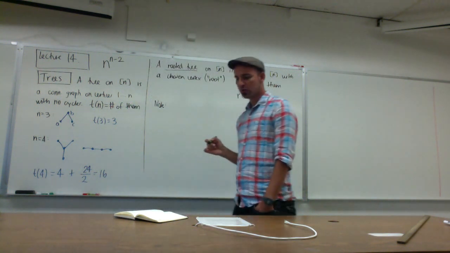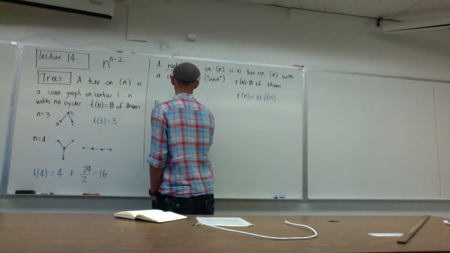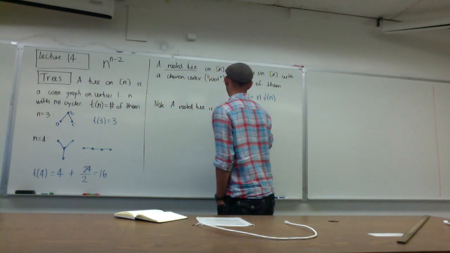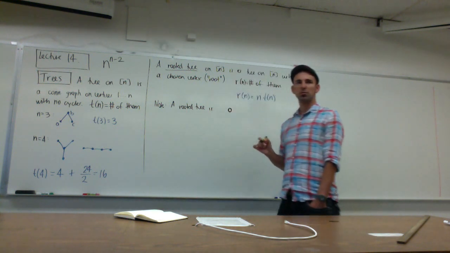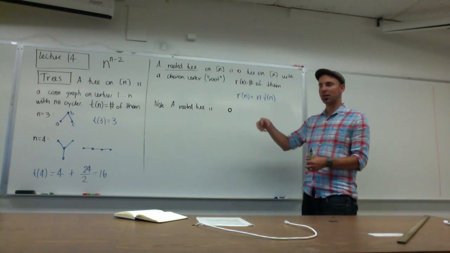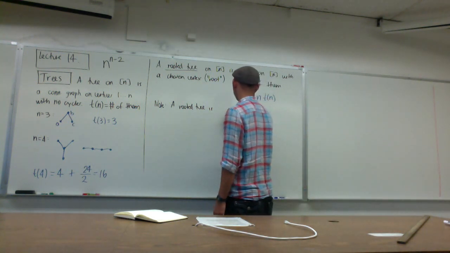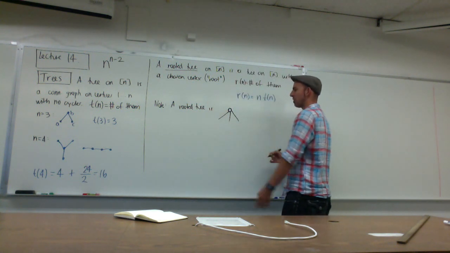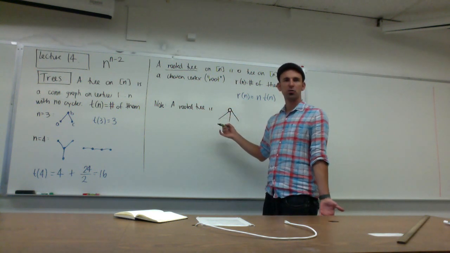So what's a rooted tree? Well, one way of thinking about it is that you have this special vertex, and then it doesn't really matter how you draw it, but let me just hang it from that vertex. Everything is hanging from that vertex, and what do you have under here? Well, under each one of these guys, you just have a tree hanging from it.